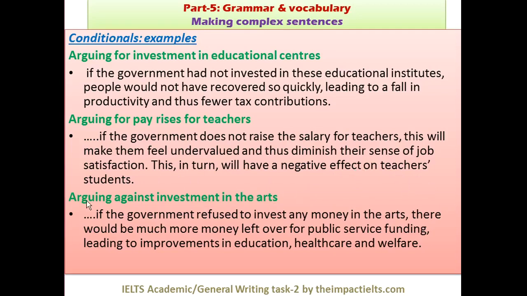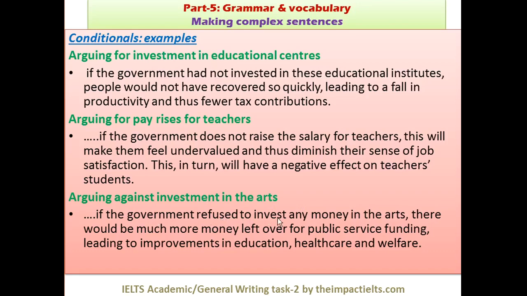The third example is arguing against investment in the arts. This topic has been asked quite often: whether investment should be made in the arts or not, as it is not practical. So the argument is against the investment. So it is said, if the government refused to invest any money in the arts, and you can see this is clearly an imaginary present.